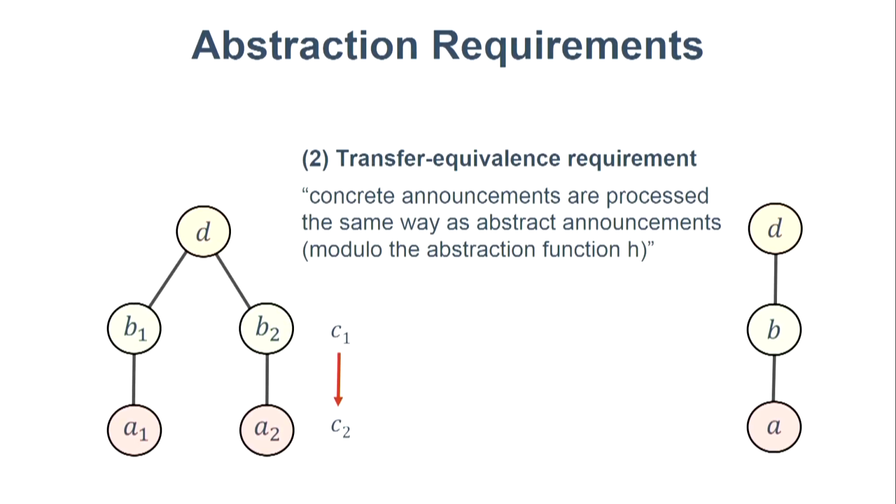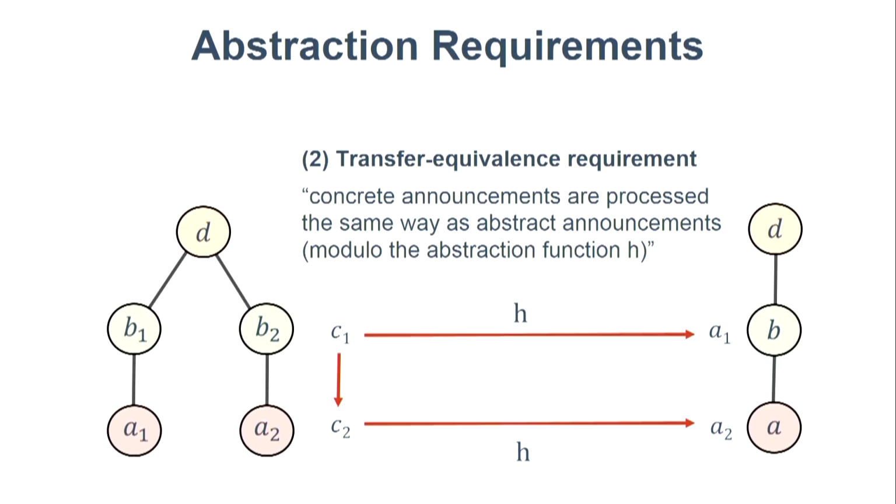And in the course of doing that, it gets transformed by a route map, for instance, into the concrete announcement C2. If we go ahead and abstract C2, we might get some abstract announcement A2. Well, this transformation needs to be the same as if we were to abstract the announcement C1 first and then process the abstract announcement A1 in the abstract network.